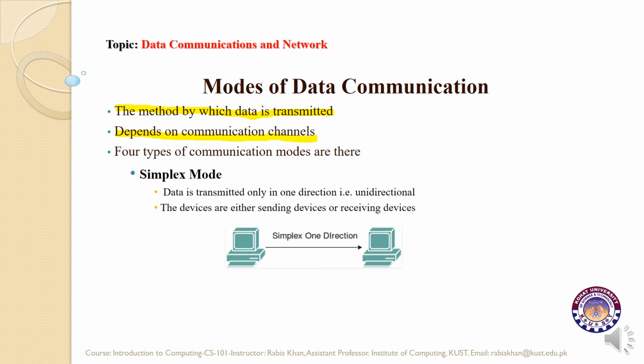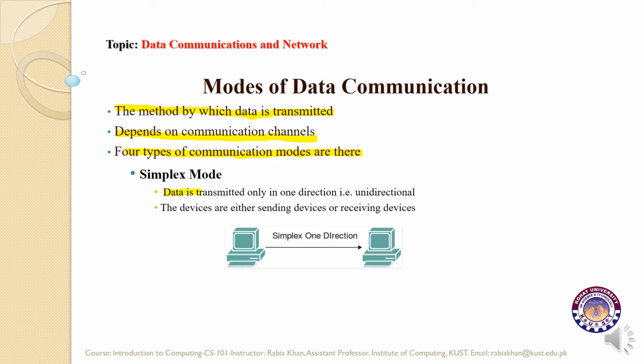There are four common modes of data transmission we are going to discuss today. The first one is the simplex mode. In simplex mode of data communication, the communication is generally one directional or unidirectional.